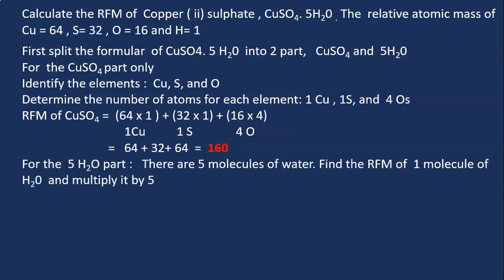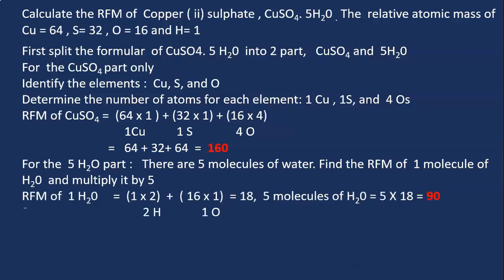Now let's do the second part. The second part contains 5 molecules of water. Find the RFM of 1 molecule of water and multiply it by 5. This is the simplest way of doing it without losing track of how many hydrogens or oxygens you have in that part of the molecule.